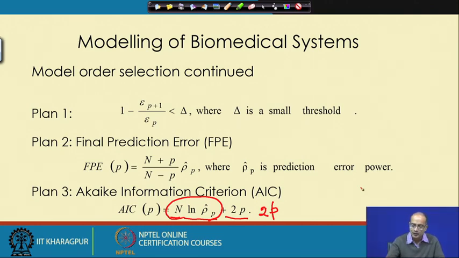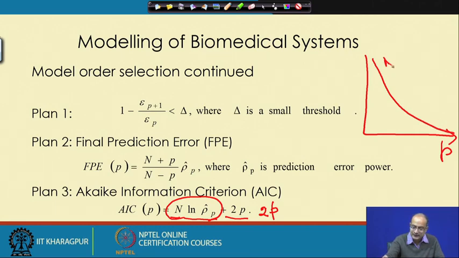In this case, the curves would again be like this with the increase in the model order: the first term, n log of rho p, will decrease, while the other one, 2p, is increasing linearly.